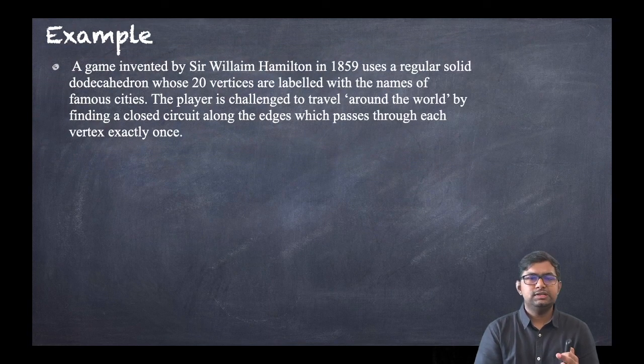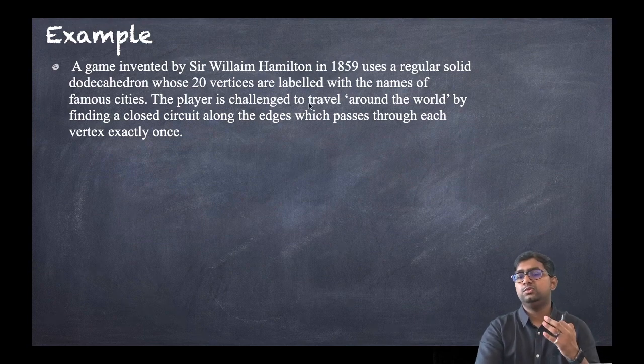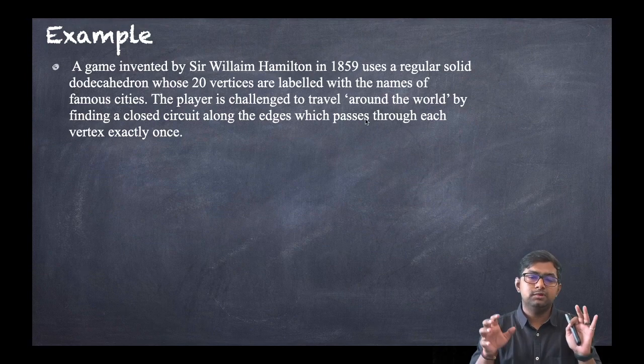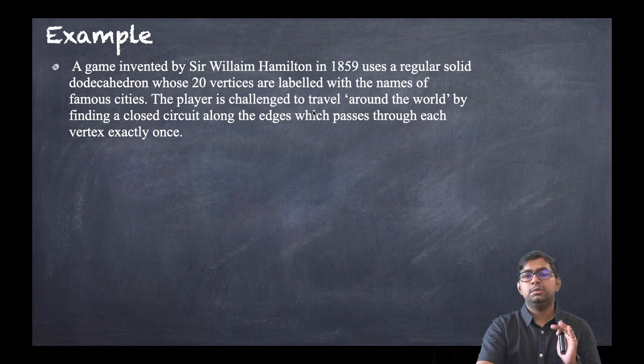So just consider this is a good example. A game invented by Sir William Hamilton in 1859 uses a regular solid dodecahedron whose 20 vertices are labeled with the names of famous cities. The problem name is Around the World. The player is challenged to travel around the world by finding a closed circuit along the edges which passes through each vertex, that means each and every city, exactly once.